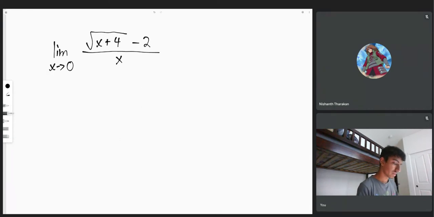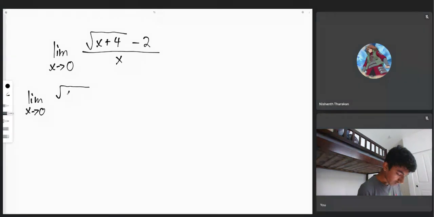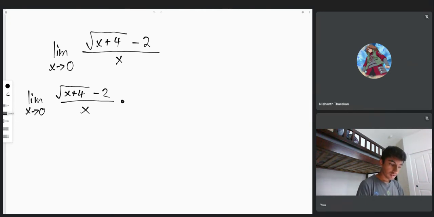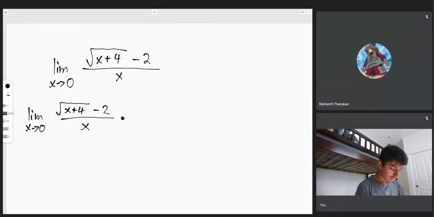Let us try this with this. So we have the limit as x approaches 0 of root x plus 4 minus 2 divided by x. This is where the conjugate comes into play. We can multiply the numerator and the denominator by the conjugate of the numerator.